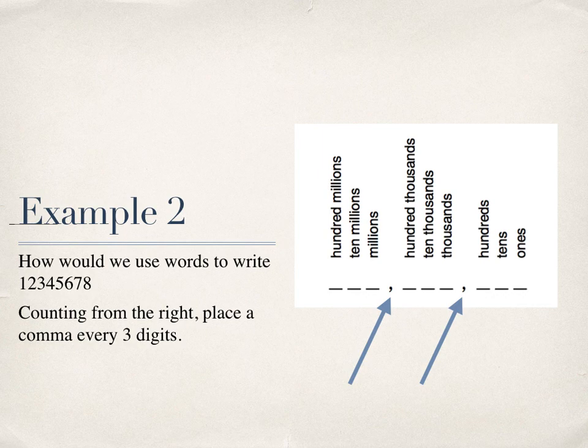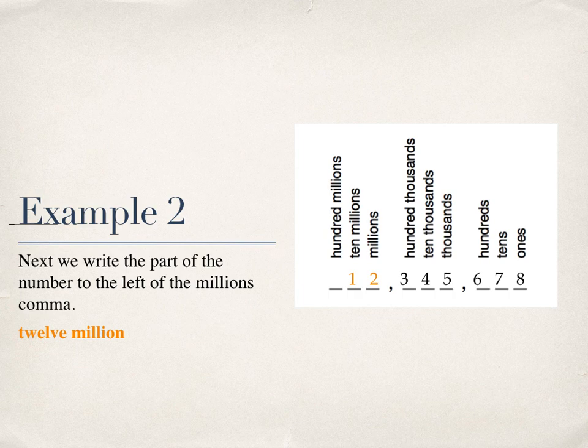So how would we use words to write these digits? 1, 2, 3, 4, 5, 6, 7, 8. Counting from the right, place a comma every 3 digits. Next, write the part of the number to the left of the millions. 12 million.